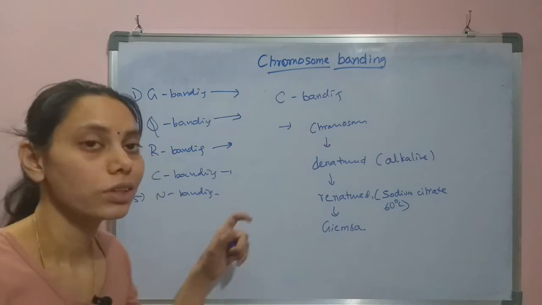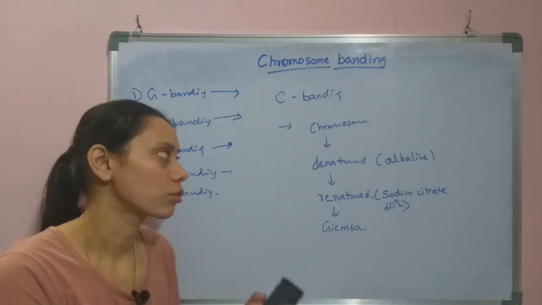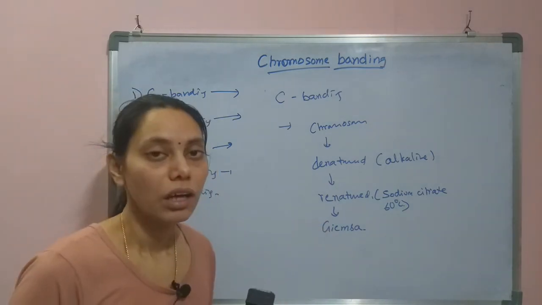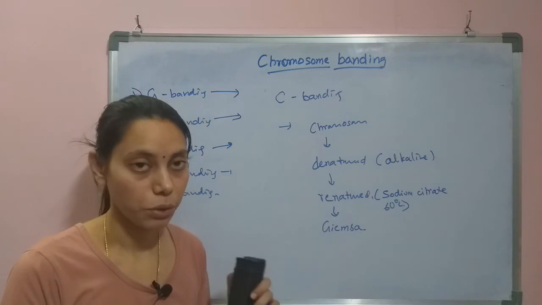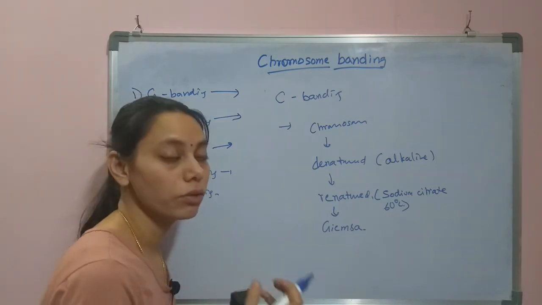During the denaturation, the heterochromatin and euchromatin present in the chromosome will all be separated, and during the renaturation only the heterochromatin regions will be renatured but not the euchromatin region.